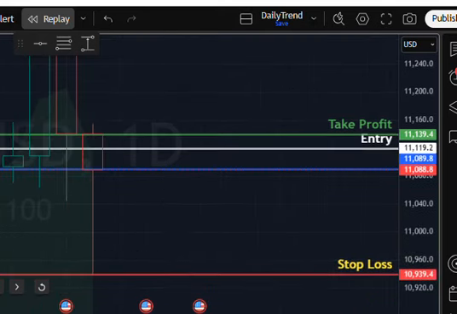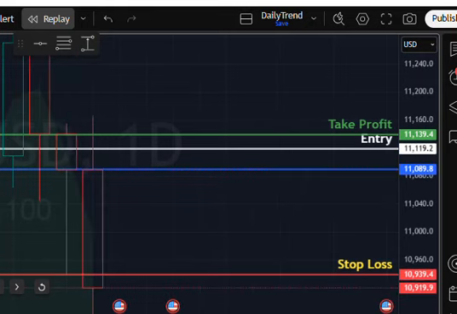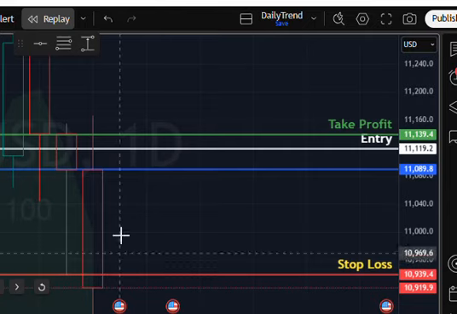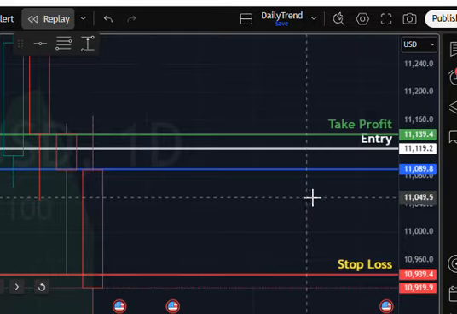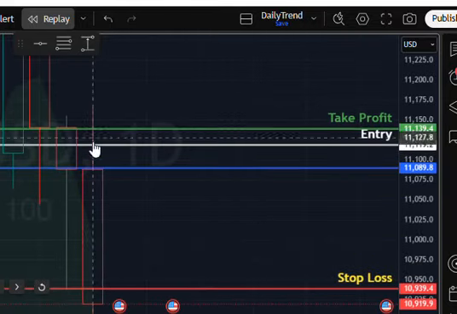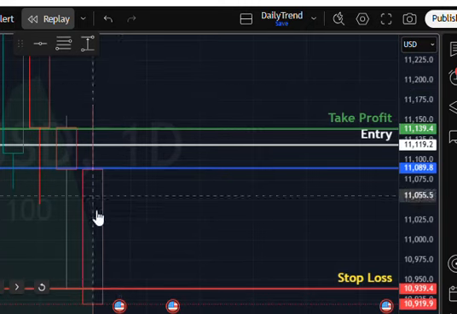So let's see what it does. Now, for testing purposes, if it hit both take profit and stop loss, just check for stop loss first. We'll just assume that it lost, but when I run it live, then I'll get a better picture.